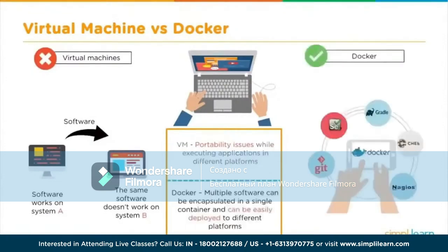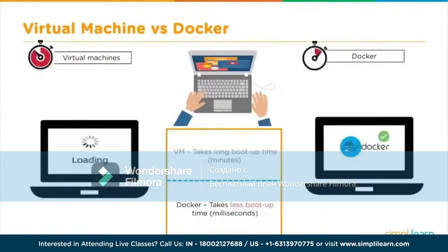Docker, however, is designed specifically to run across multiple environments and to be deployed very easily across systems. And again, the boot up time for a VM takes a long time. You're talking about minutes in contrast to the milliseconds it takes for a Docker environment to boot up.